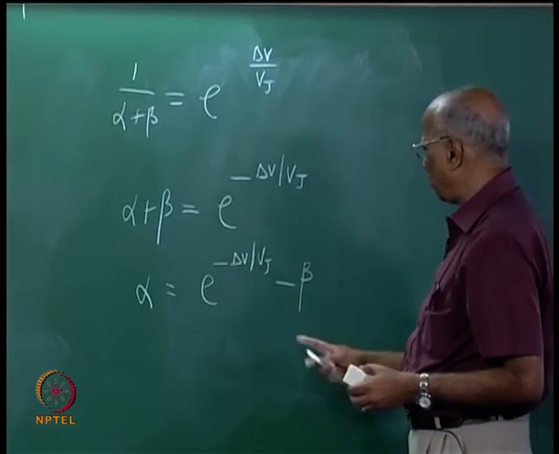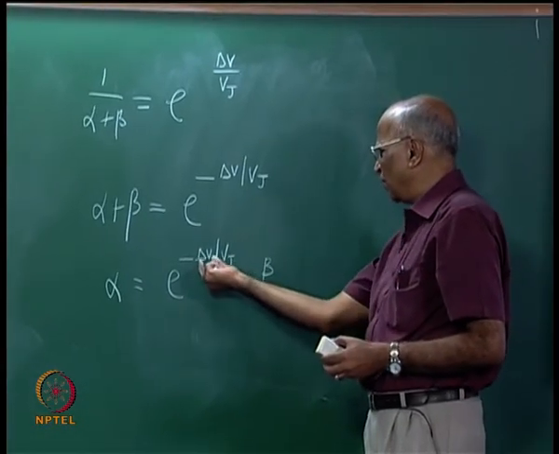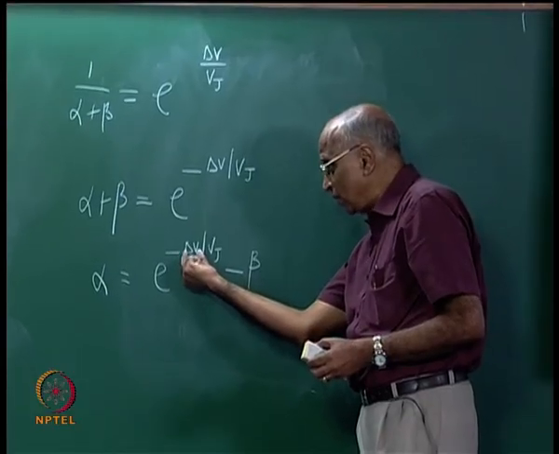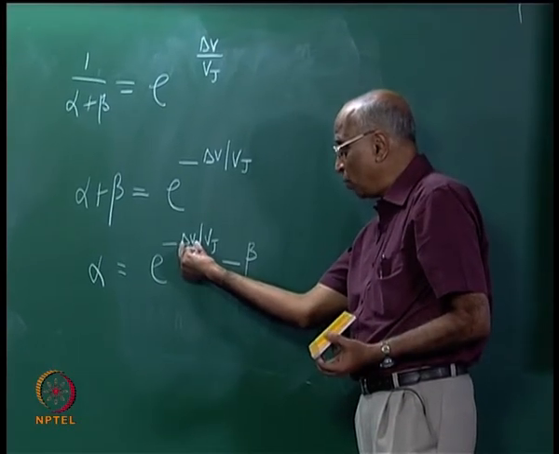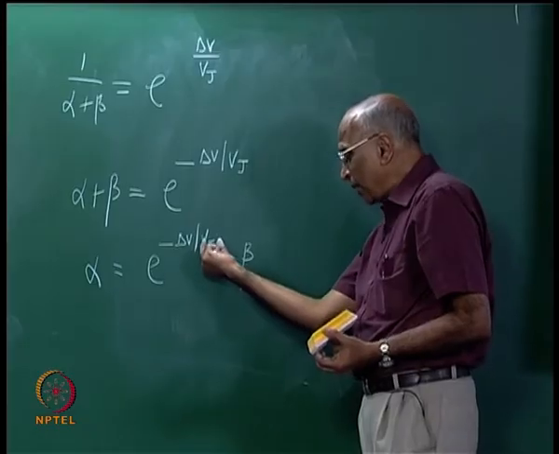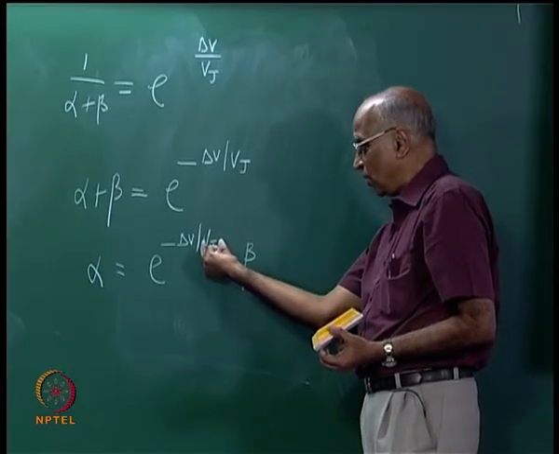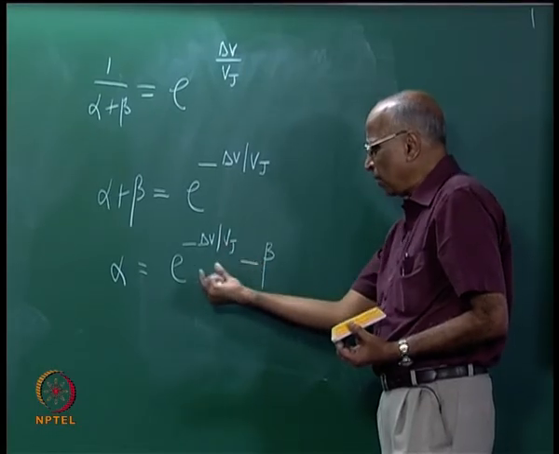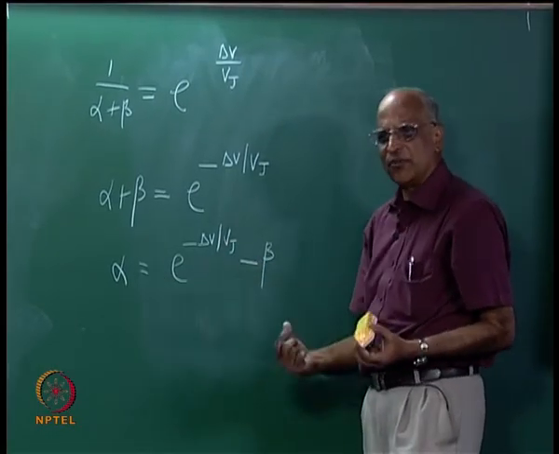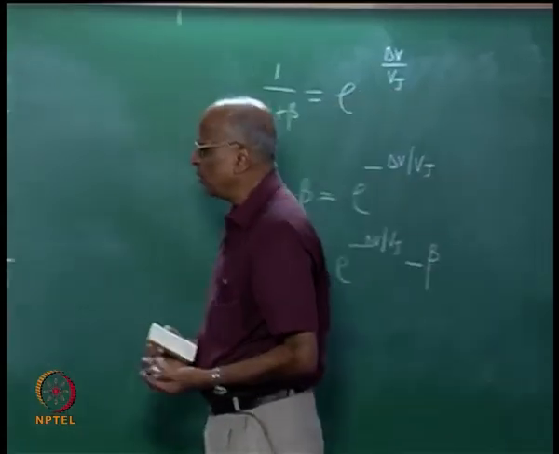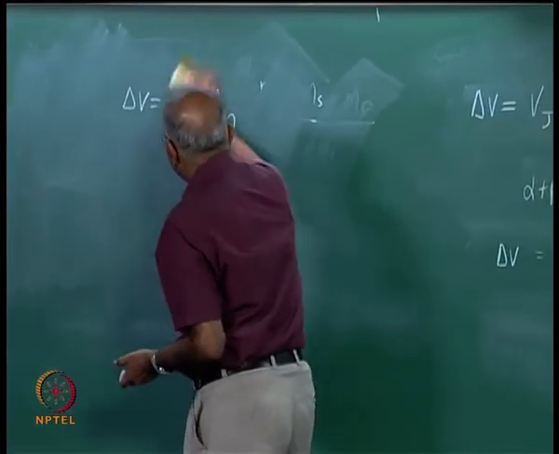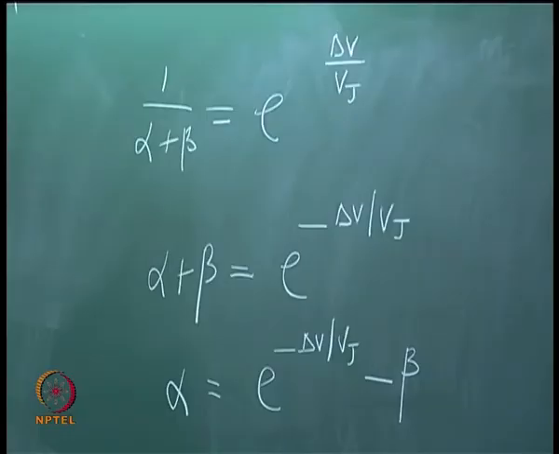Let us try to plot it out for different values of Vj and different velocity increments, because we already told ourselves we need this to be of the order of 10 kilometers per second. There might be some strictures on the jet velocity, it is of the order of 3000 to 5000 meters per second. What are the values of payload fraction that we get? Let us just plot it out and see. I will show it through slides a little later, but let us try to see what dependence we get.